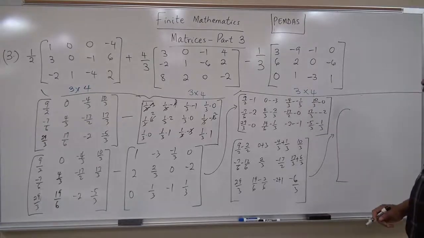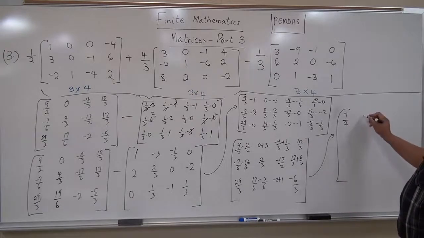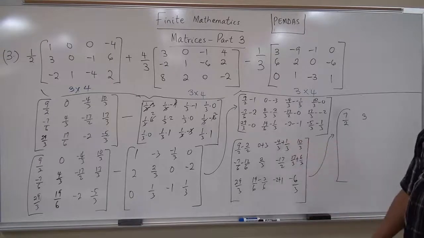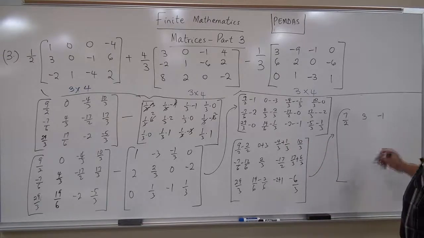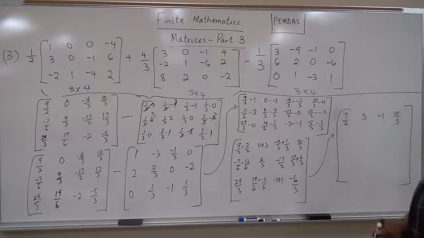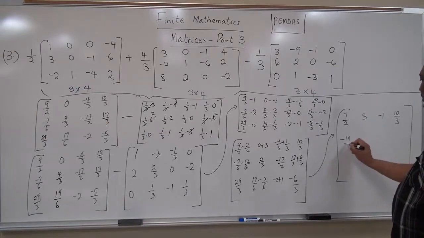This will be 9 minus 2 is 7 over 2. 0 plus 3 is 3. Negative 4 plus 1 is negative 3, divided by 3 is negative 1. Then this is 10 over 3. Then minus 7 minus 12 is minus 19 over 6.